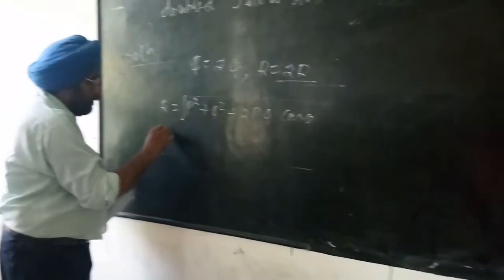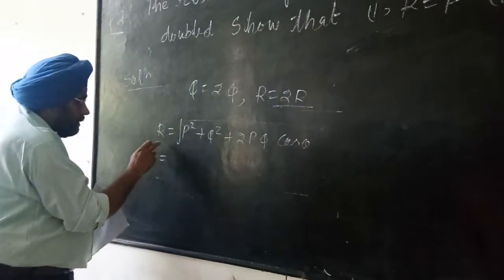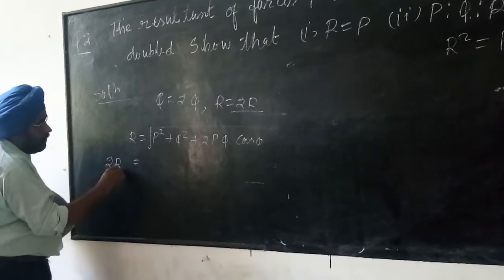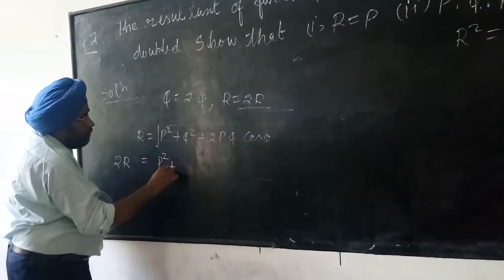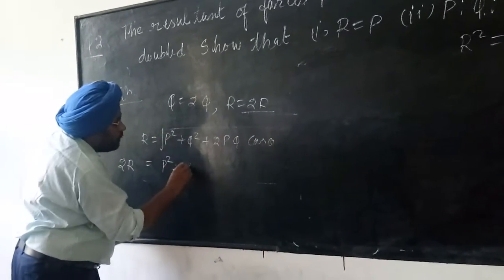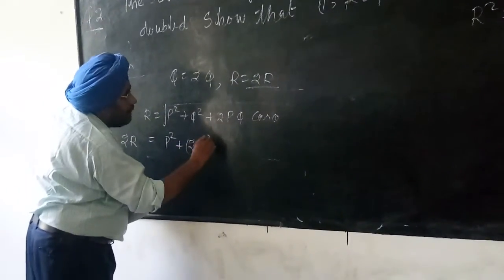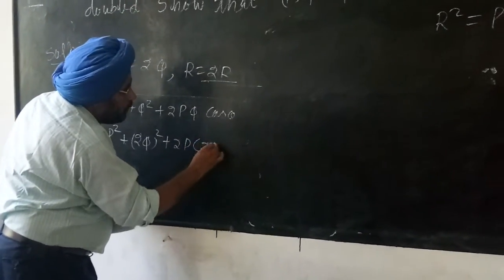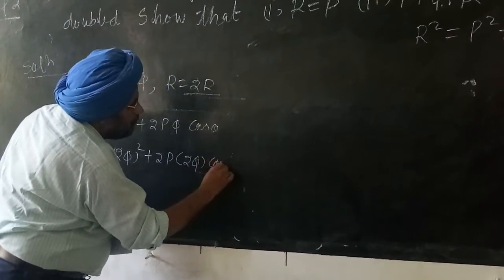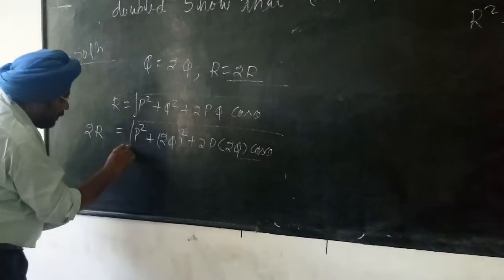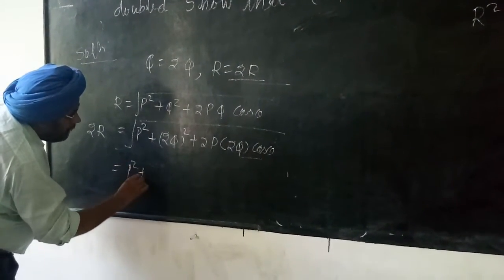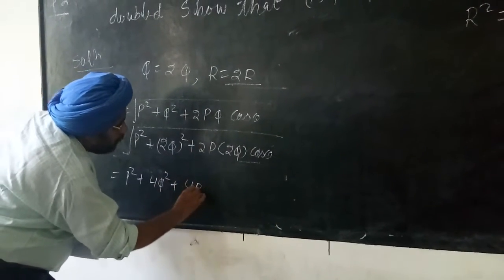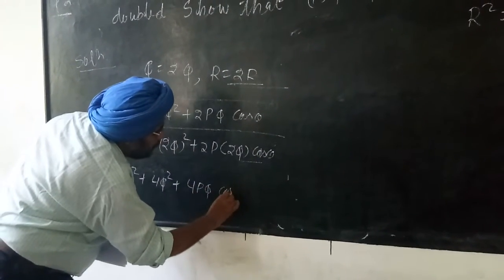Now put R equal to 2R and Q equal to 2Q. So 2R is equal to the root of P square plus 4Q square plus 4PQ cos theta.